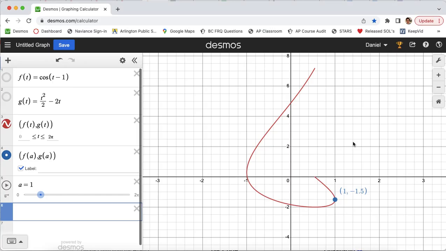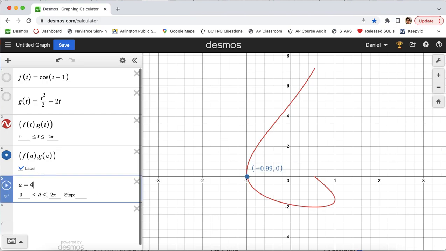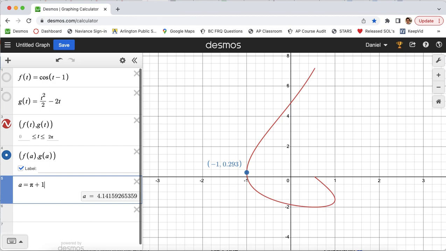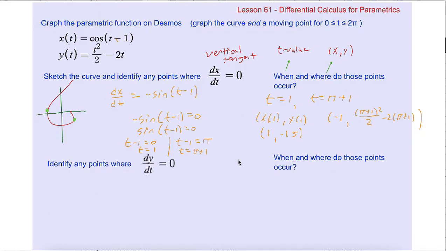I wouldn't be expecting you to do those calculations on your own, but if you move it over, it's right here. If I actually wanted to, I could type in exactly pi plus 1 here, and it'll do the math for me. So that's the second coordinate, where it happens.